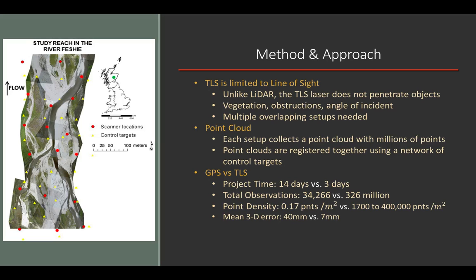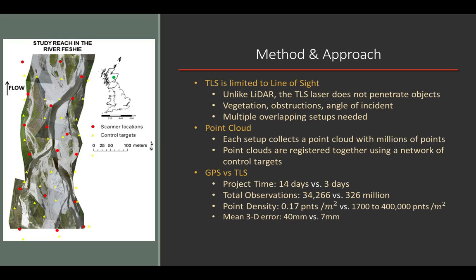So, some comparisons between a traditional GPS survey that was performed as well as the laser scanning. The differences in the project time: the GPS took 14 days versus a few days with the laser scanning. And the amount of observations is roughly 34,000 versus 330 million with the laser scanning.